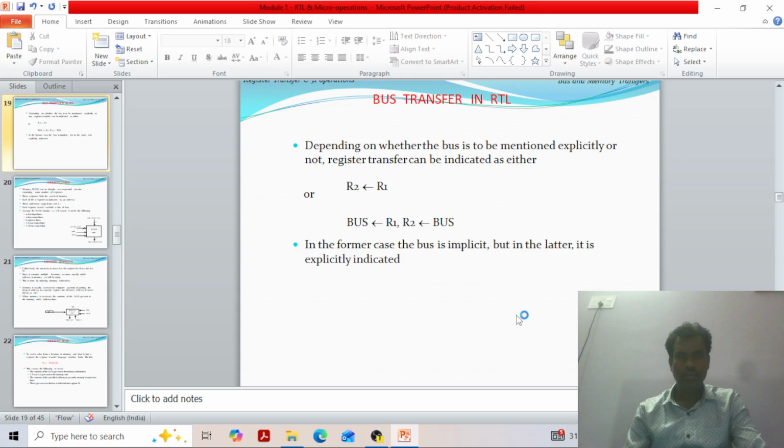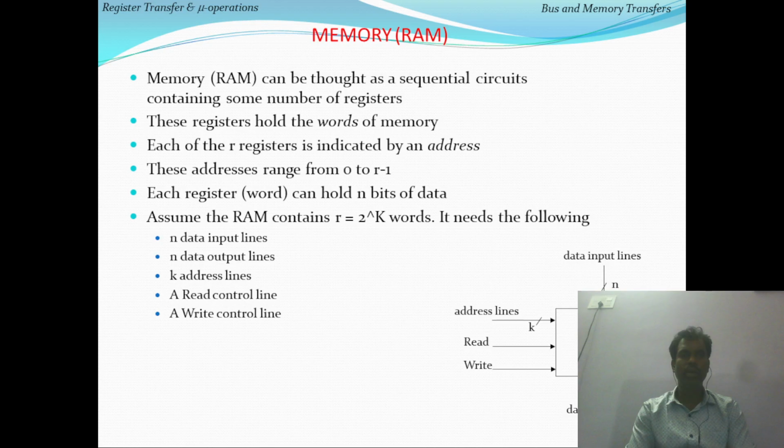Now, let us see the memory to register transfer and register to memory transfer, and then we'll go to the micro operations. There are two types of memories: random access memory and read-only memory. In random access memory, any memory location can be pointed out at any time. It is not sequential.